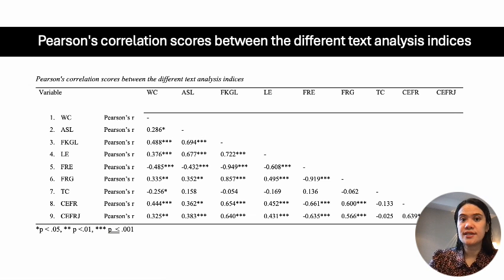Here are the Pearson's correlation scores between the measures used. WC stands for word count, followed by average sentence length, then Flesch-Kincaid grade level, Lexile grades, Flesch Reading Ease scores, Flesch Reading Ease scores grade levels, token coverage, CEFR assigned by Text Inspector, CEFR-J assigned by CVLA.